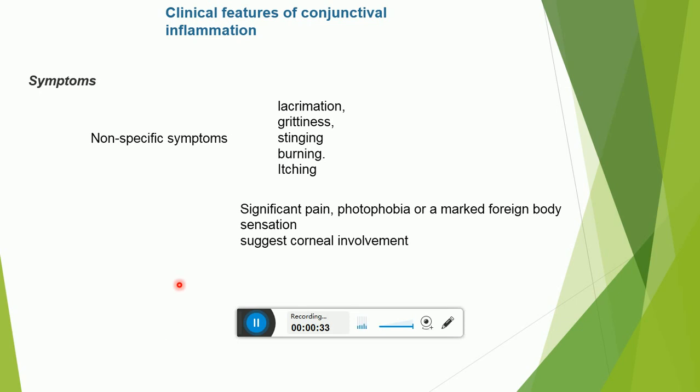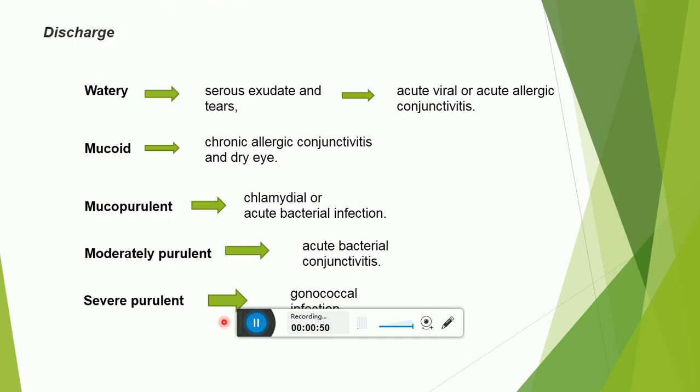In conjunctival inflammation, the visual acuity is usually not affected. If there is conjunctival inflammation with significant pain and photophobia or a marked foreign body sensation, it suggests corneal involvement.